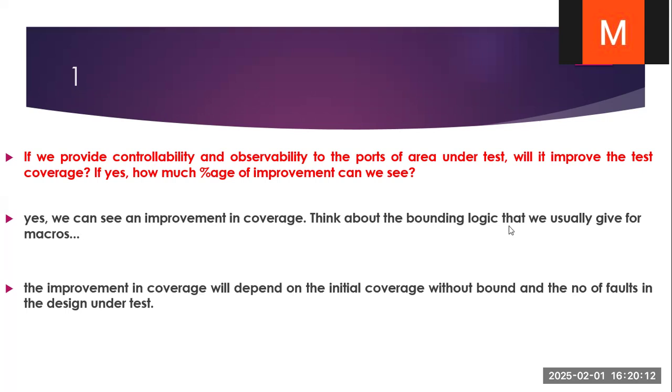Think about the bounding logic that we usually give for macros. The improvement depends on the logic which is connected to it. The improvement in coverage will depend upon the initial coverage without bounding and the number of faults in the design under test.